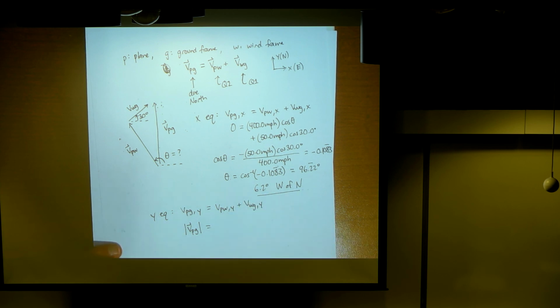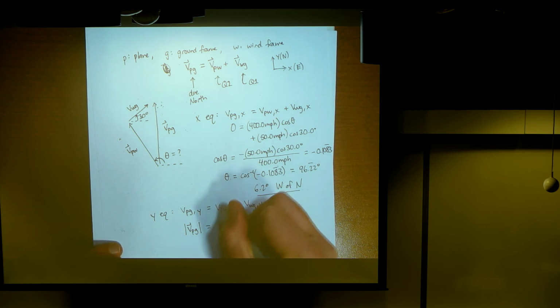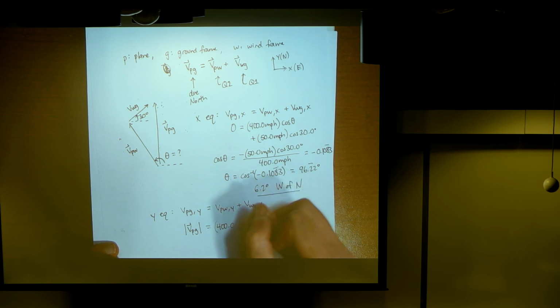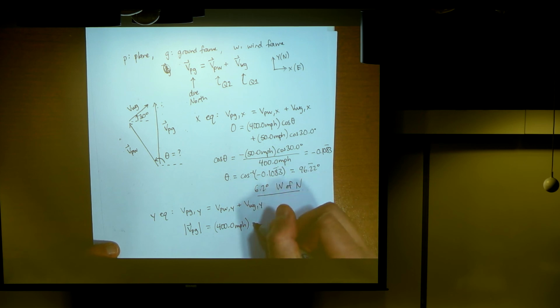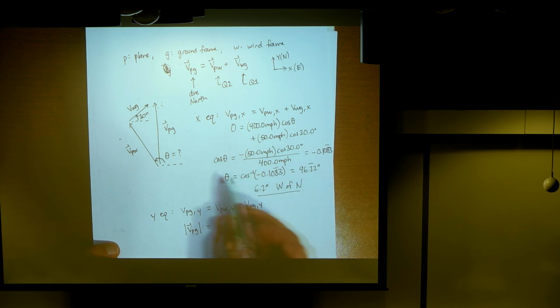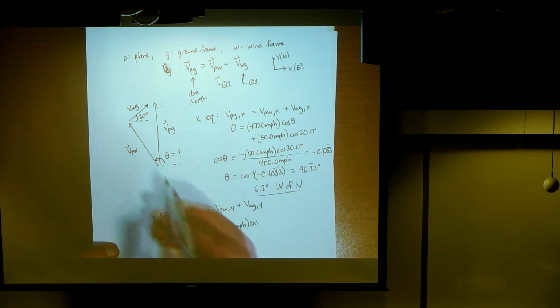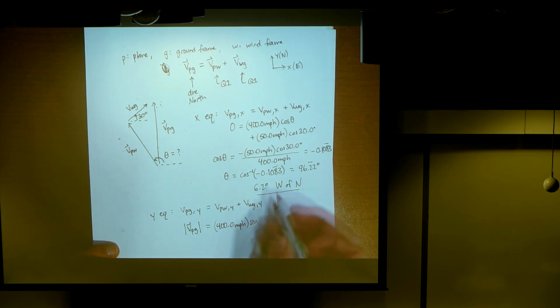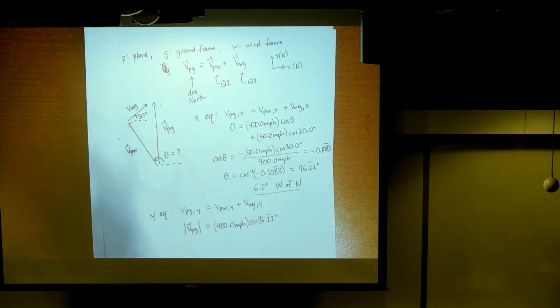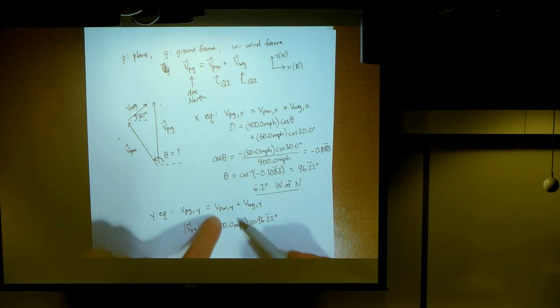Okay. Velocity of the plane relative to the wind in the y direction. Well, I have the magnitude, which is 400 miles per hour. And if I multiply that by sine of my angle theta, which we talked about over here, and which we just discovered is 96.22 degrees, measured off the x-axis in the standard way, that would be this y component.